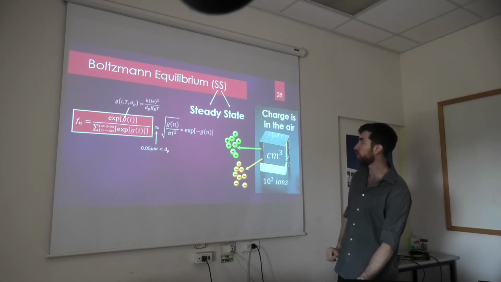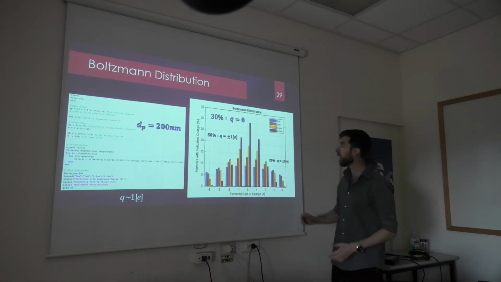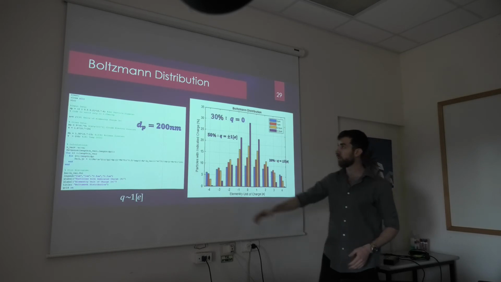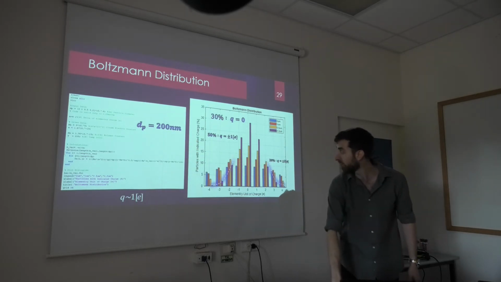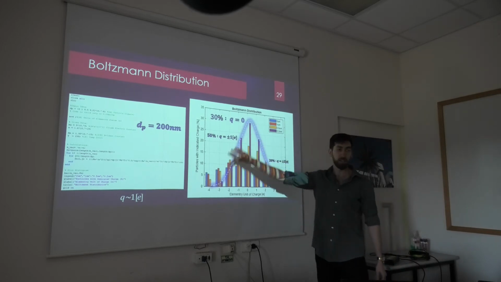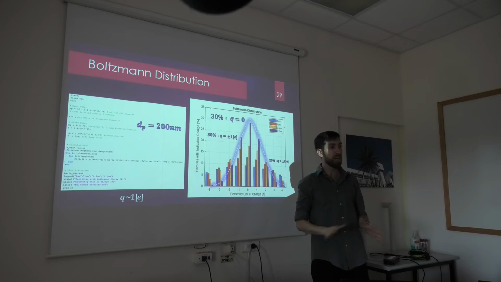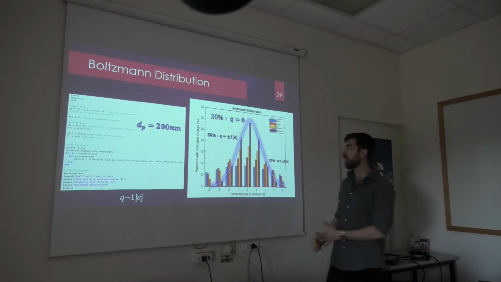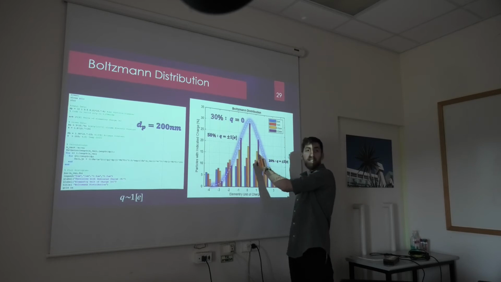And I'm going to show you this graphically. So this is a calculation that I did for my experiment. You can see for 200 nanometers, okay, you have this kind of distribution, the purple one. 30% are going to be zero charge, really neutral particles, but 50% are going to be positive or negative, right?